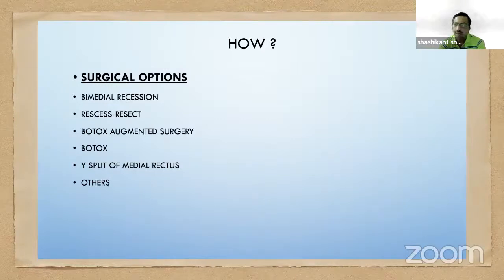Or we can give Botox in the early infantile phase, by the 3rd or 4th month, and the repeat Botox was given after 6 to 7 months. They found that 30% of their patients improved over a period of time, but eventually 70 to 80% of their patients required surgery later on.